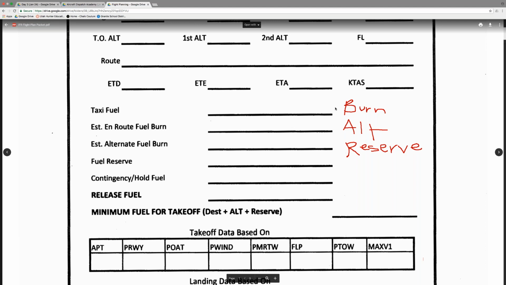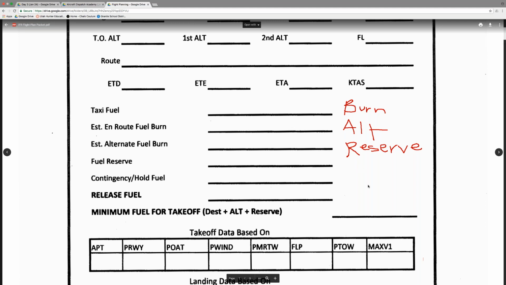So our required fuel for domestic operations is to the destination, to the furthest alternate, plus 45 minutes of cruise, right? The acronym aid that we're going to use to help us remember that is our burn, alternate, and reserve, or BAR. Okay. Turns out I already had it down.